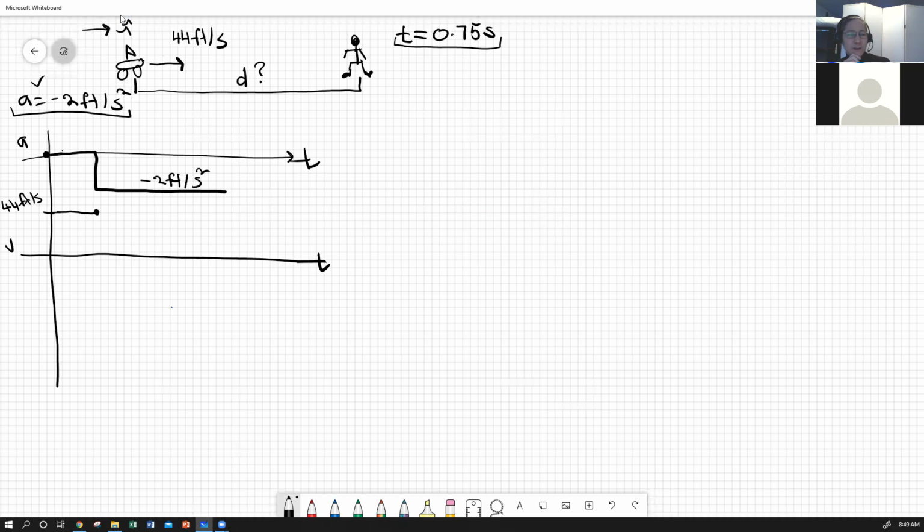Acceleration 0, velocity is constant. Then you had a constant deceleration, which means your velocity was coming down. And we'll assume it hit 0 at this point here. You stopped. Your distance, your x, you started, we'll call this the 0 point.